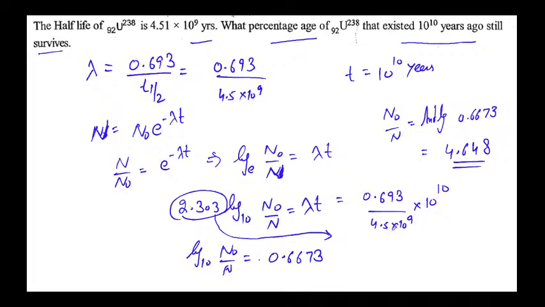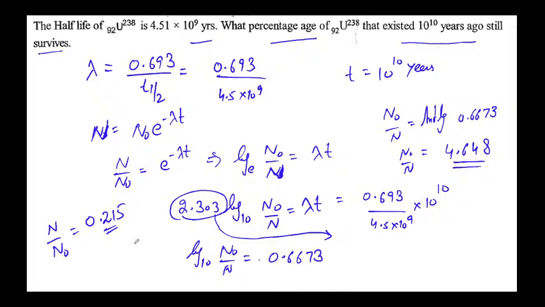So the ratio N over N naught that we have to find out, that is how much survives at present, is equal to 0.215. So when you reverse this, it comes out to be 0.215.